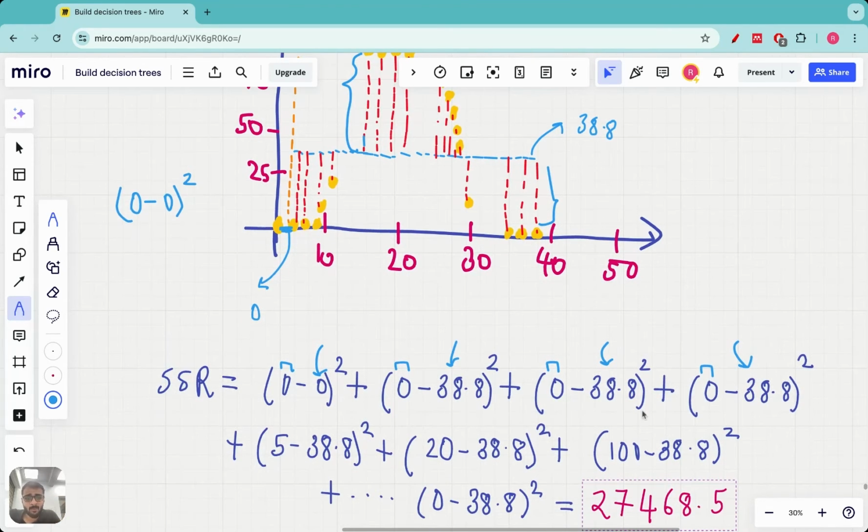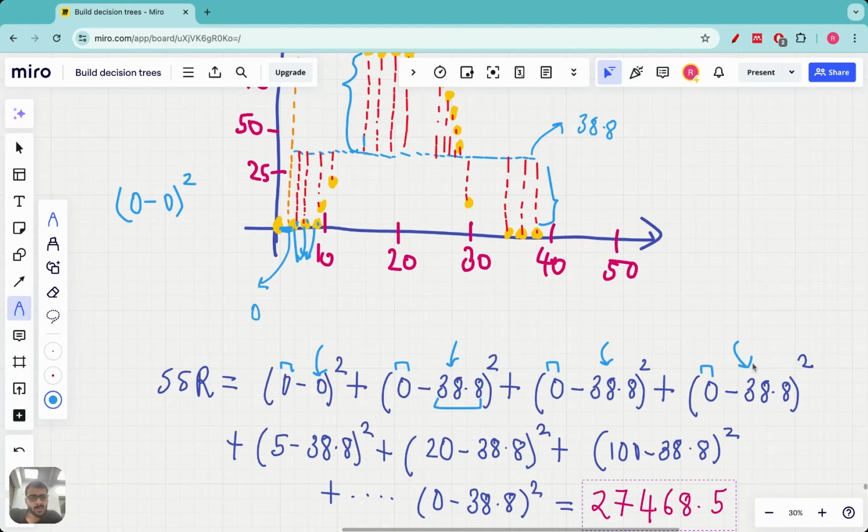But for all the other points, our predicted value is 38.8. So for these 3 points over here, the actual value is 0, but the predicted value is 38.8. So the residual will be 0 minus 38.8 whole square. This squared error will be added for all of these 3 points, so it will be 0 minus 38.8 whole square plus 0 minus 38.8 whole square plus 0 minus 38.8 whole square.